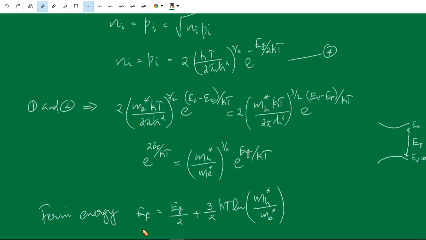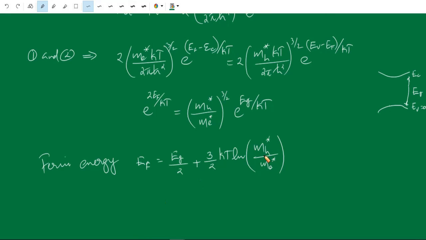Now, if the effective mass of the electron is equal to the effective mass of holes, if me star is equal to mh star, then this log 1 is 0, therefore EF, the Fermi energy, is given by half of the band gap, Eg divided by 2.